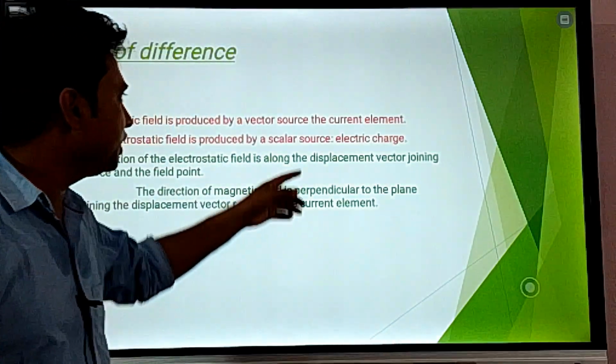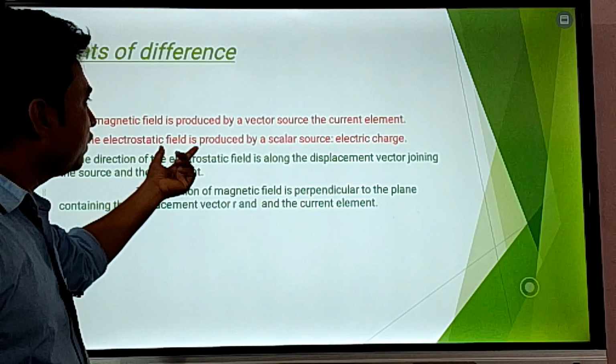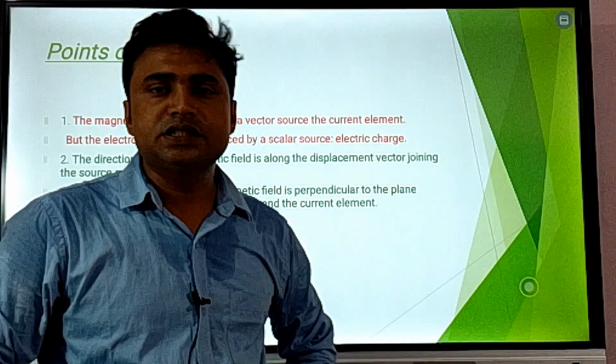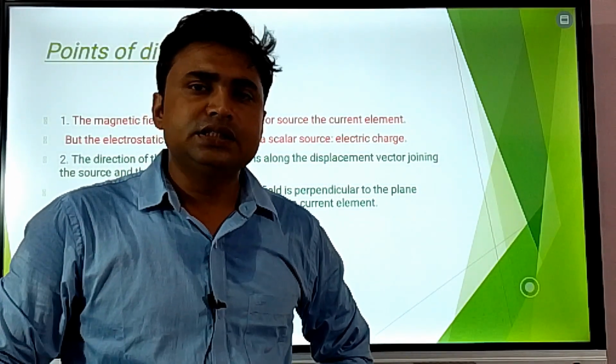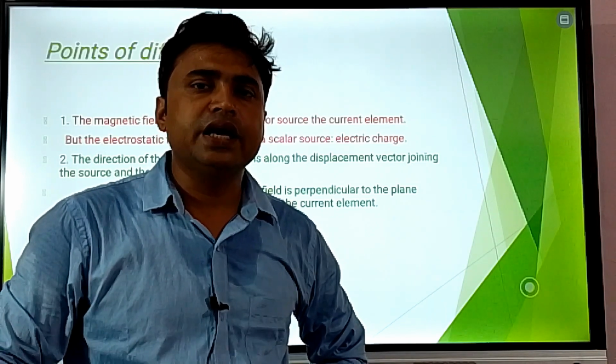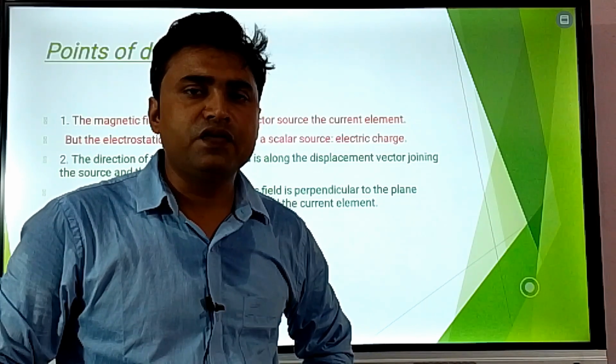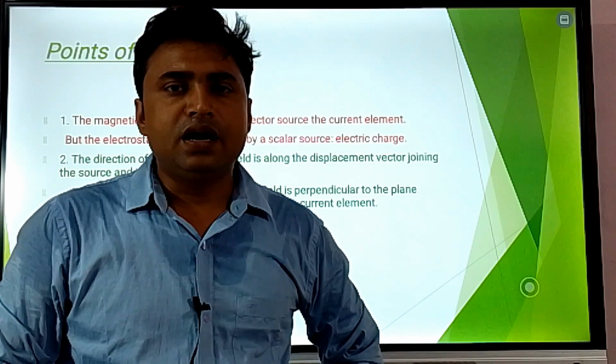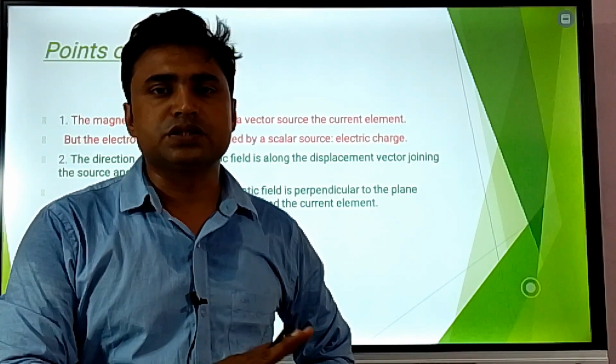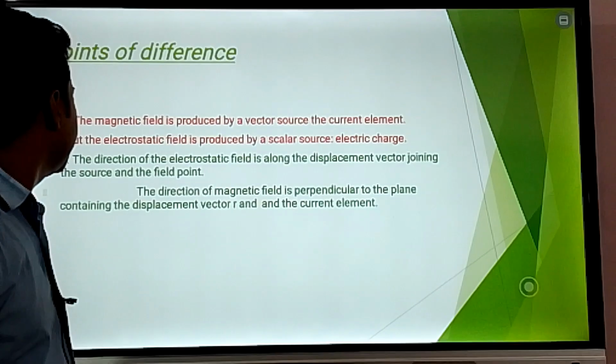It is always produced by current elements, but the electrostatic field is produced by a scalar source, that is the charge. Charge is a scalar quantity and charge is the source of the electric field. But in the case of the magnetic field, the current element I dl is the source of the magnetic field.